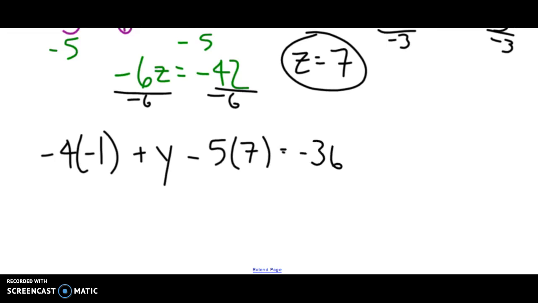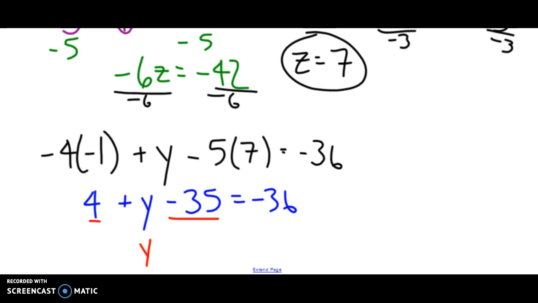Alright, so we multiply through what we can, so we get 4 plus y, and then minus 35 is equal to negative 36. Okay, you'll see 4 and negative 35 together are going to be negative 31.